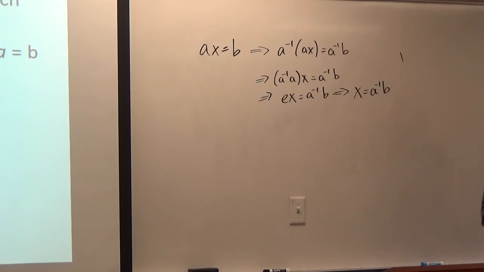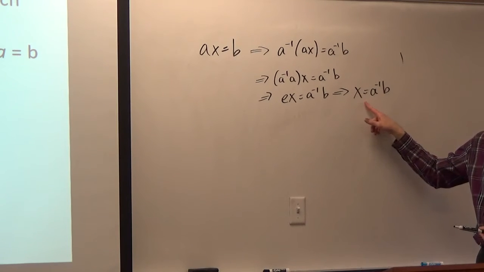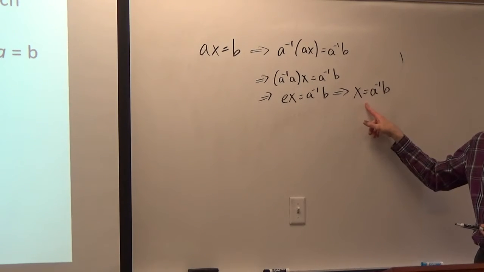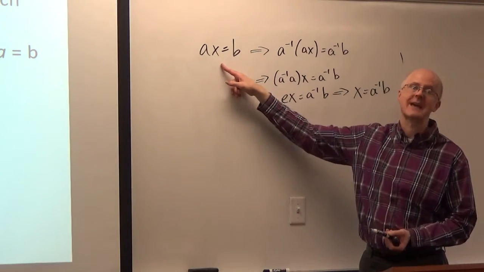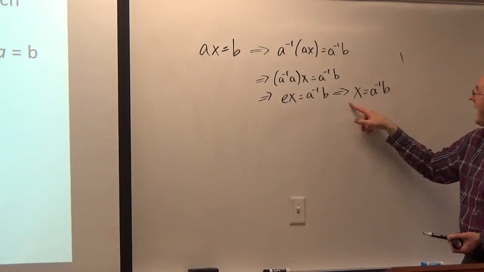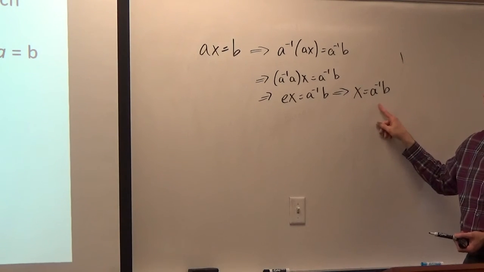Actually, that does not prove that that is a solution. It just implies that's the only possible solution. The logic here is I'm assuming x is an element that satisfies this, and that would imply x would have to equal this. This is the only possible solution.